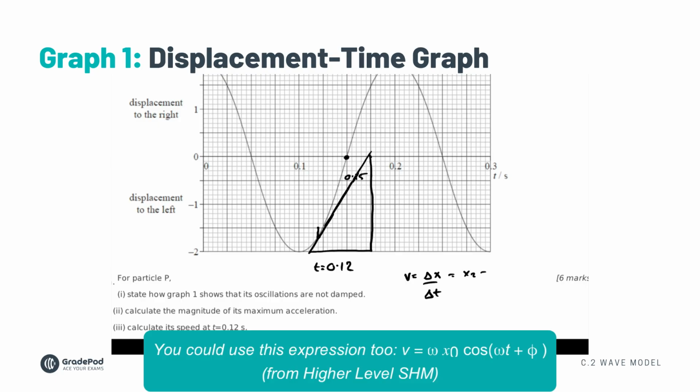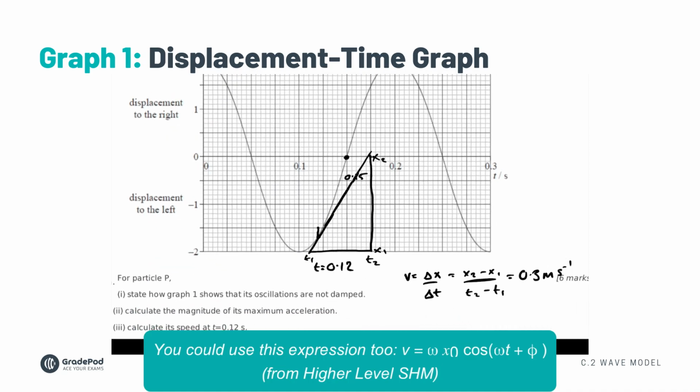So it's x2 minus x1 over t2 minus t1. This is x2, that's x1, this is t2, t1. So you pop your numbers in and you get a value of around 0.3 meters per second. That is how you calculate the velocity from a displacement-time graph.